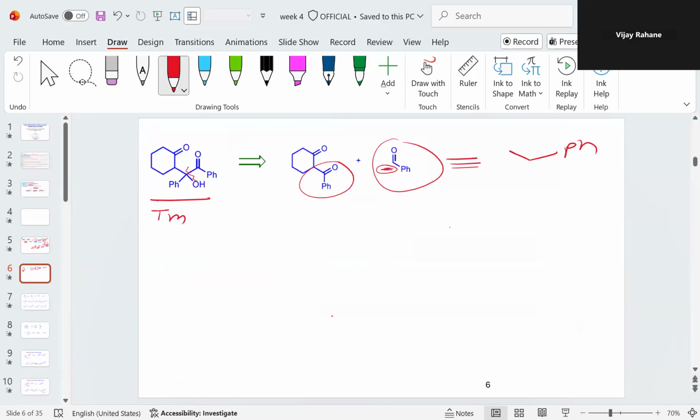This is the Ph, and here it is the hydrogen. Have you heard the concept of umpolung? We can reverse the charge polarity by making a structural modification.